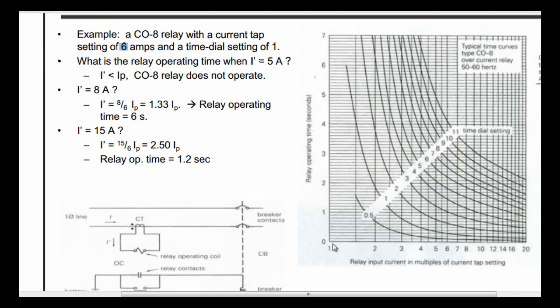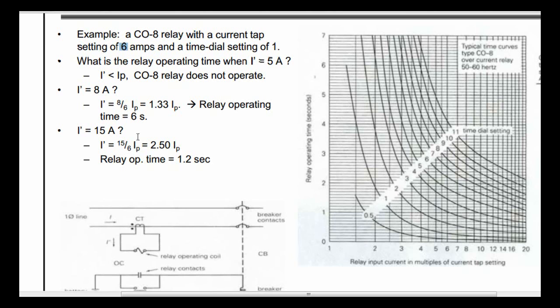If I get something between 1 and 2, the operation depends on the time dial setting. From 1 to 1.5 here, it will not operate if the time dial setting is 0.1, but it will operate if the time dial setting is 1.